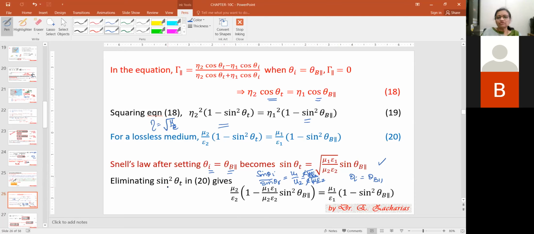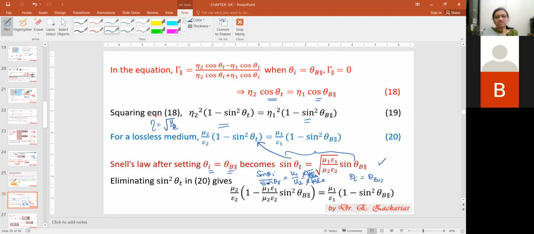Okay, next you get rid of sine square theta t in this equation. Then you will get mu 2 by epsilon 2. How do you get rid of sine theta t? Using this, get rid of sine theta t in this equation.